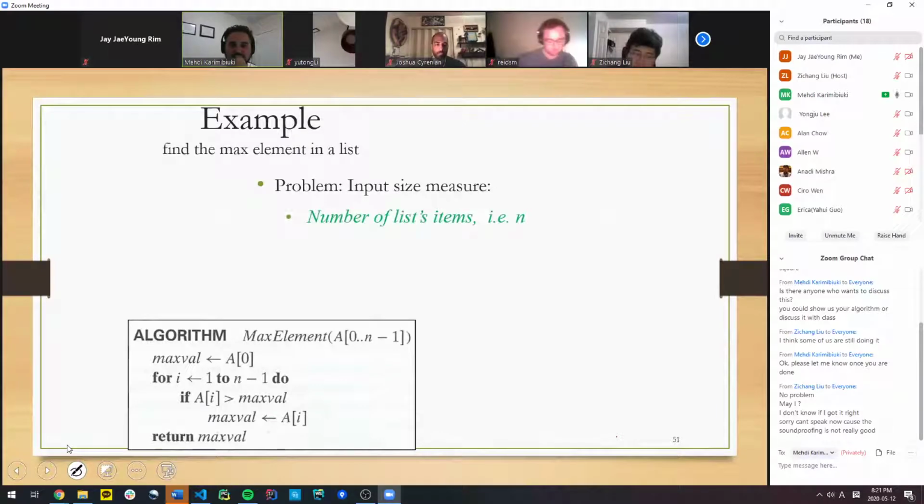Okay, so we have an example here. Again, here we are trying to find the maximum, right? So find the max element in this array. What's the basic operation here? Slide number 51.